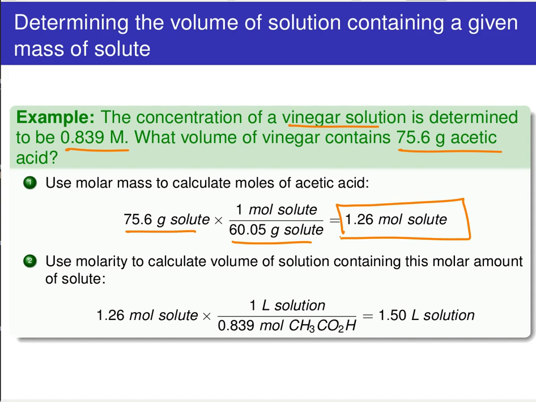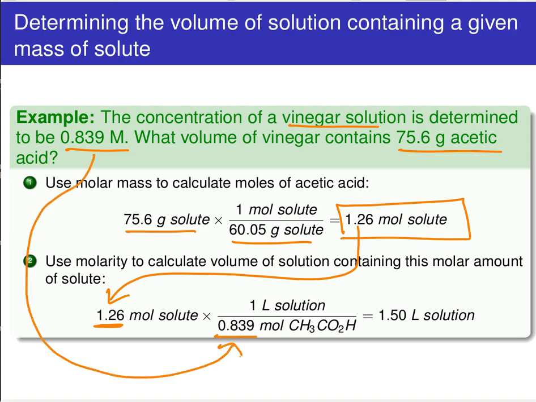Once we know the number of moles of solute, we can divide by the concentration to get a volume. So the moles of acetic acid that we must have in order to come up with that 75 grams is the 1.26 value we calculated in the first step. We're going to divide then by the given concentration right here. The moles of solute is going to cancel out. We'll be left with liters of solution, and we will arrive at our final answer, 1.50 liters of our vinegar solution.